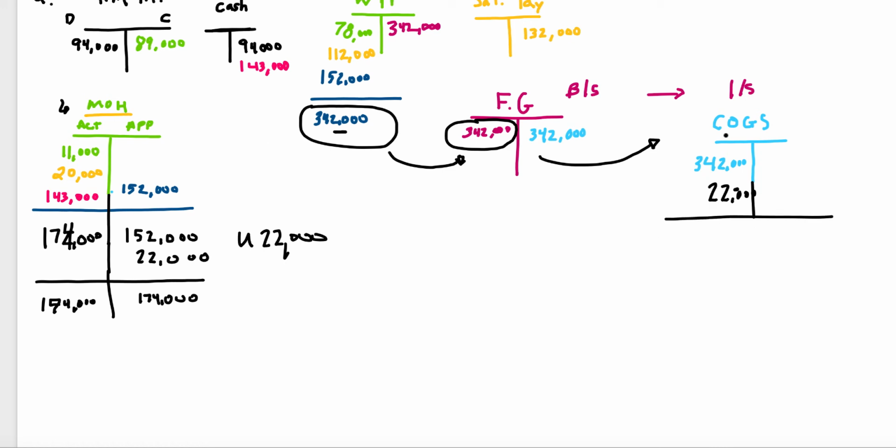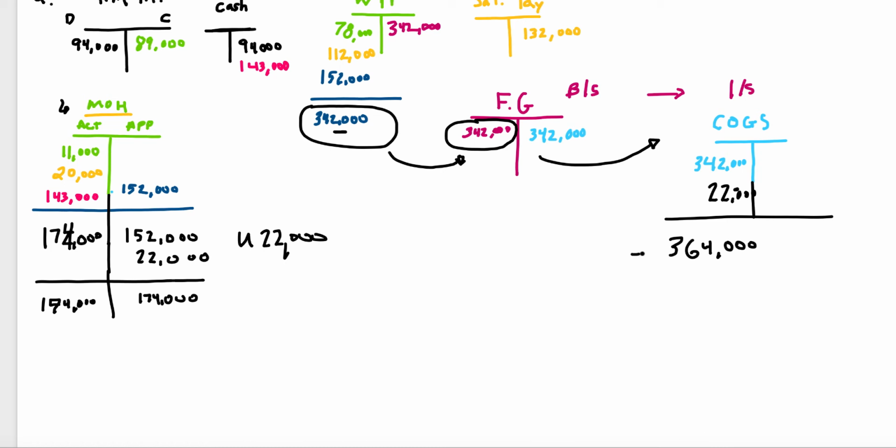So I'm now going to add it, and by adding it, I mean I'm going to debit my cost of goods sold for $22,000. So if I take my $22,000 plus my original cost of goods sold, $342,000, I see that my new cost of goods sold is $364,000.